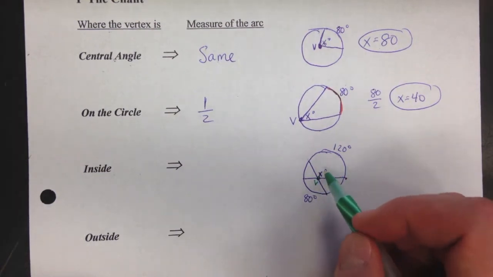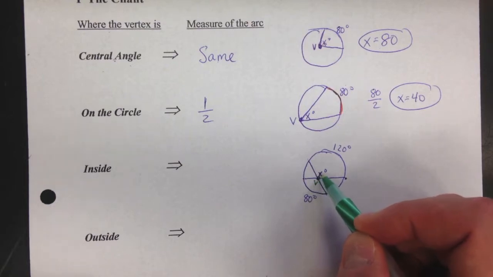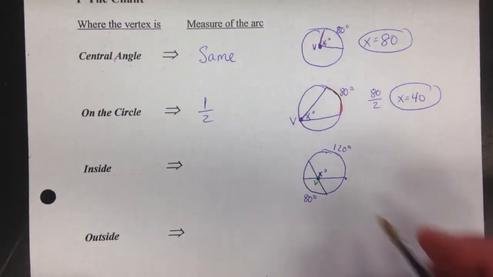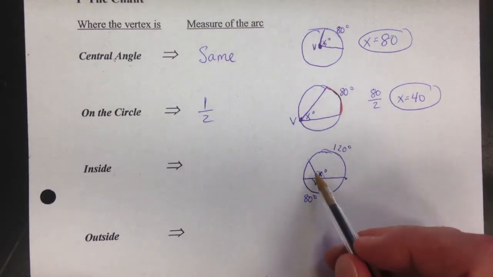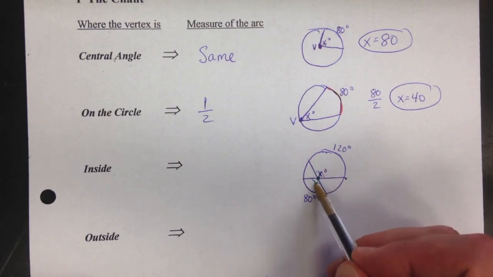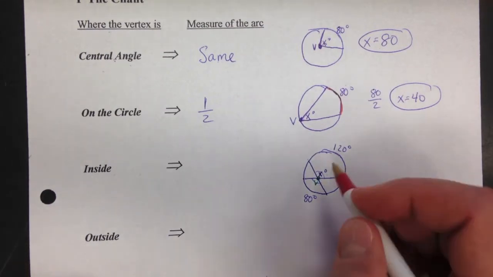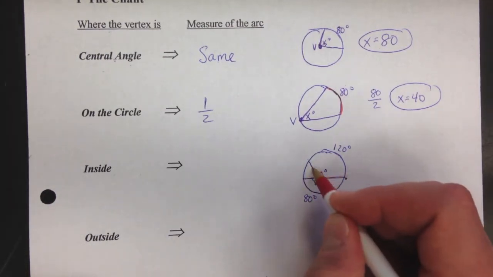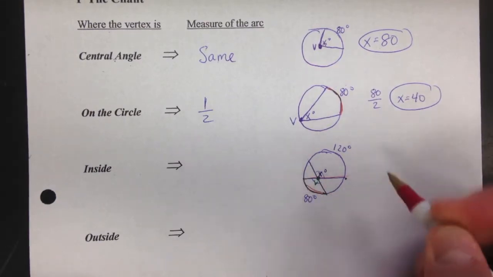The other thing that happens is that because two chords cross, they create vertical angles. And one thing that we know is that vertical angles are always congruent. So this angle here and this angle here are the same, and if this is x degrees, so is this. Now we have a problem, because where these two segments cross, where they hit the circle, they create two different angles.